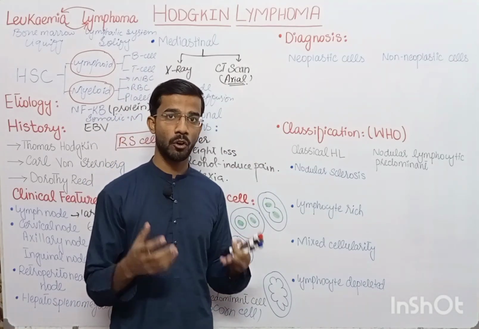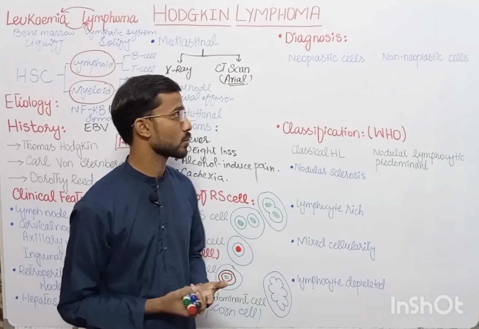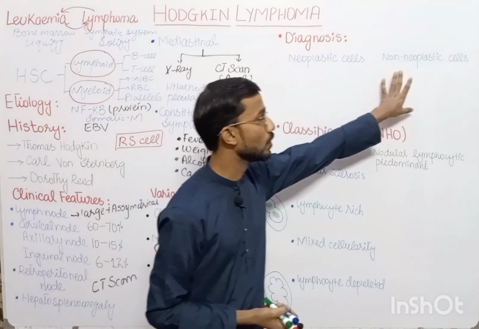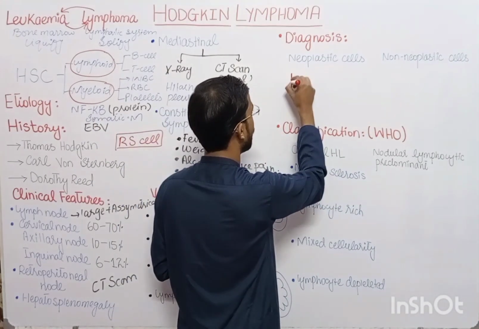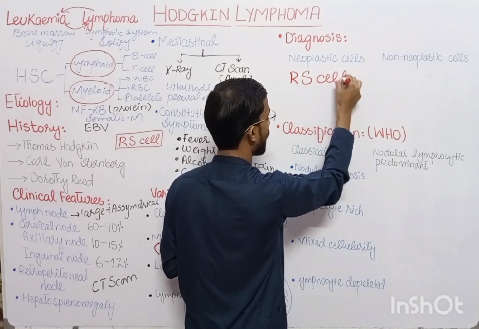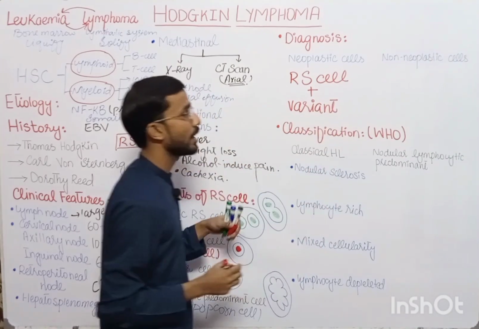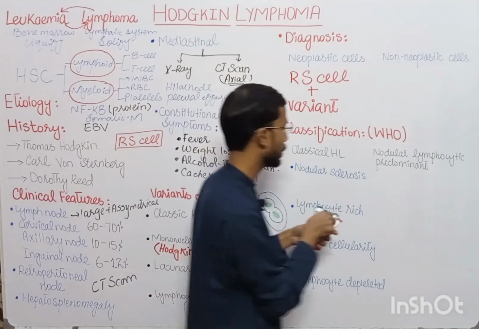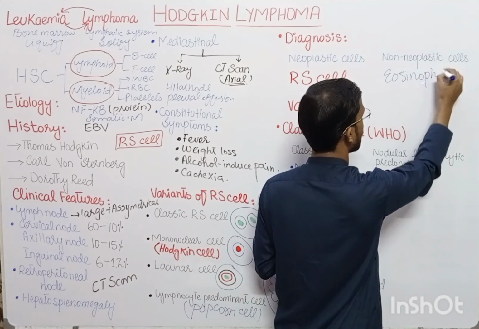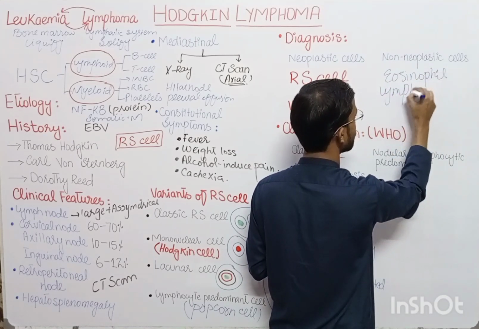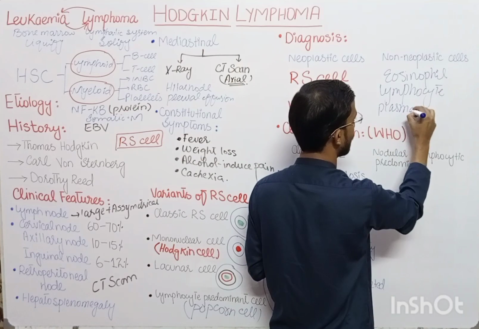When a biopsy of the lymph nodes comes to the lab, we can see 2 kinds of cells in the microscope: neoplastic cells and non-neoplastic cells. The neoplastic cells will be the Reed-Sternberg cell and its variants, and the non-neoplastic cells will include eosinophils, lymphocytes, and plasma cells as well.